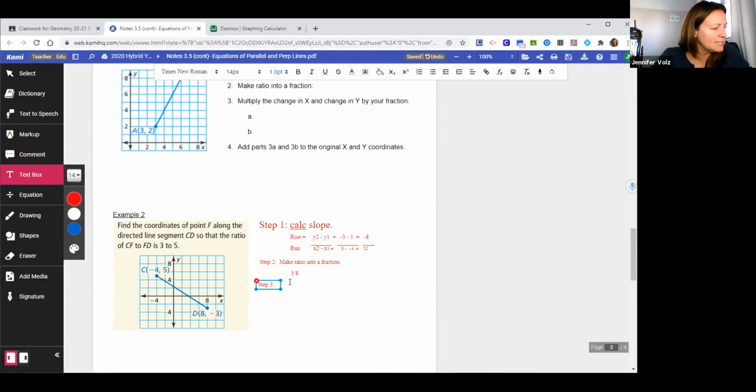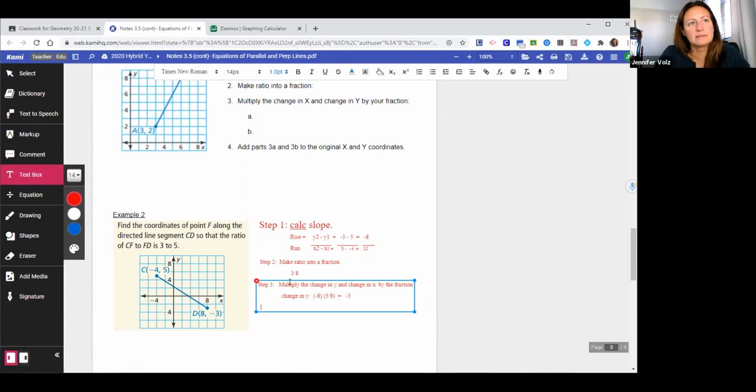Step 3 says multiply the change in Y and change in X by that fraction. So I had my change in Y on the top, it's -8. So change in Y, -8 times the fraction 3/8 is going to be -3.